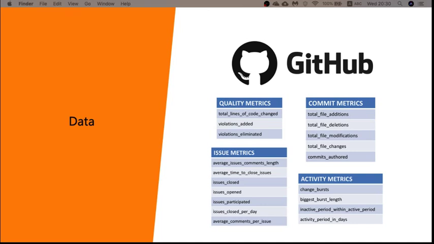And as you can see, we have how many lines are changed in the projects, how many violations in code we had. We have issues-related metrics, how many issues closed or how many issues opened. And I hope everyone can understand what I'm talking about and what a GitHub repository is and what all these metrics are.